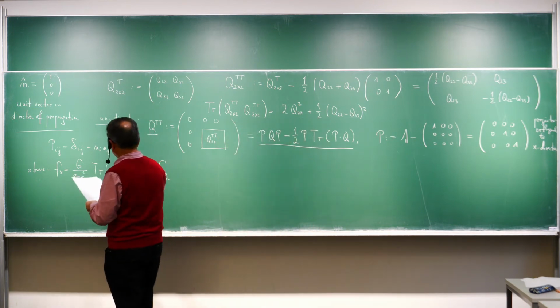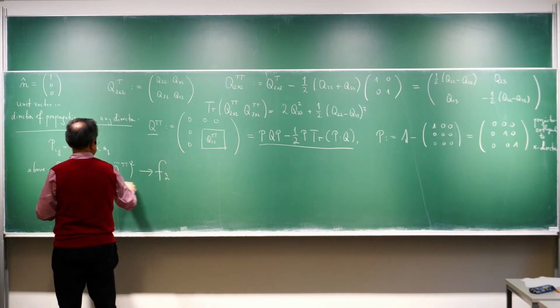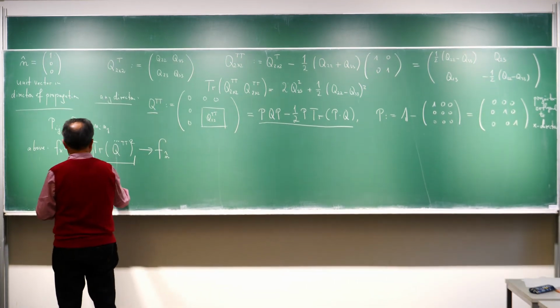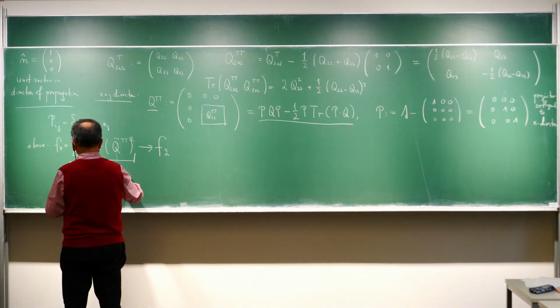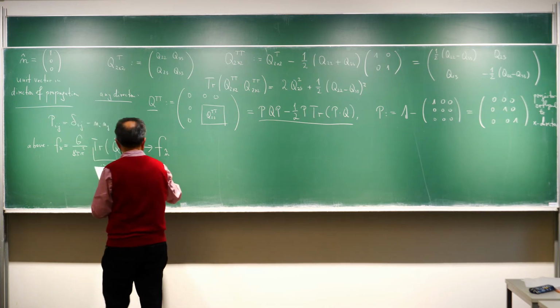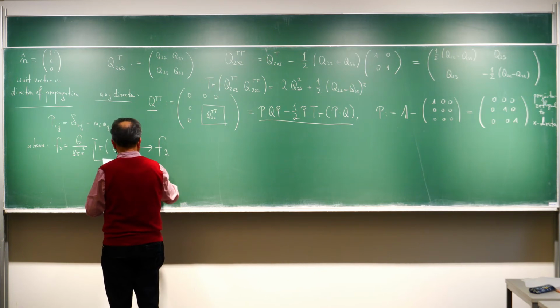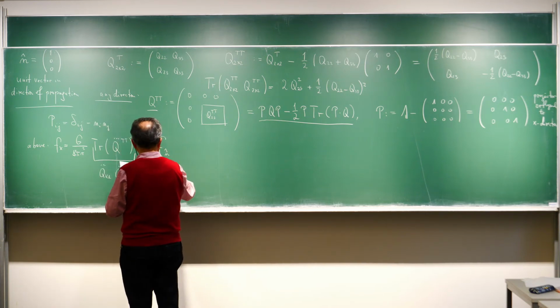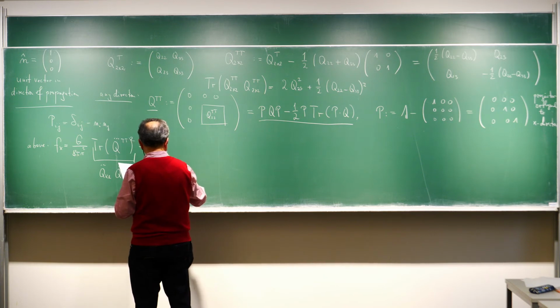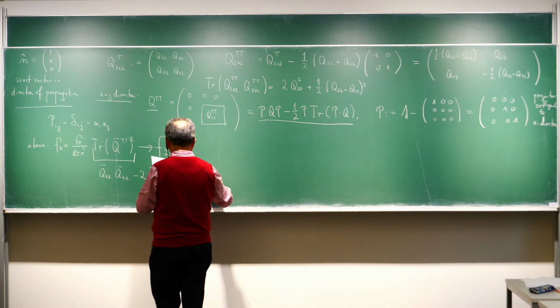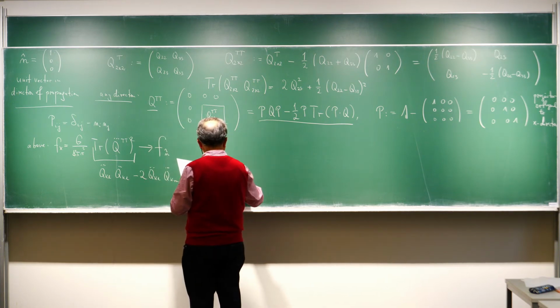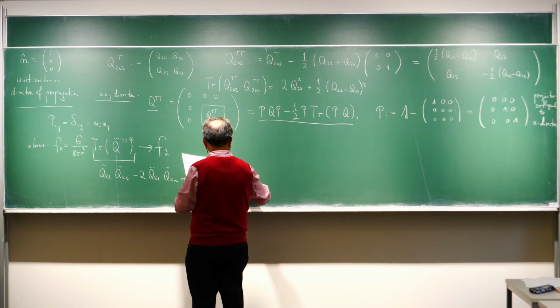So we have here Q_KL triple dot, minus 2 Q_KL triple dot Q_KM triple dot n_L n_M, plus 1/2 Q_KL triple dot n_K n_L squared.